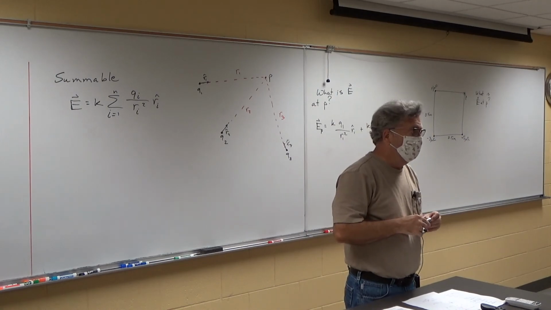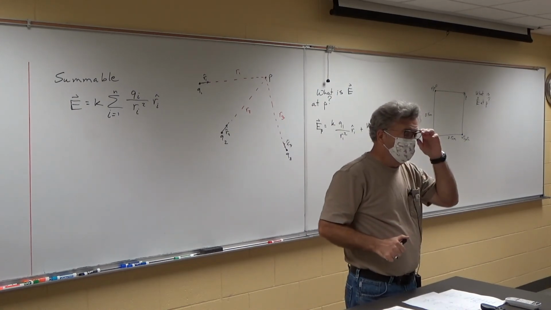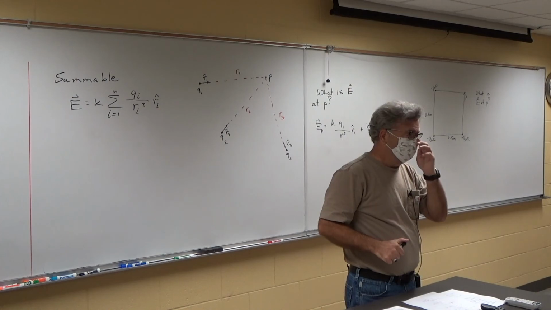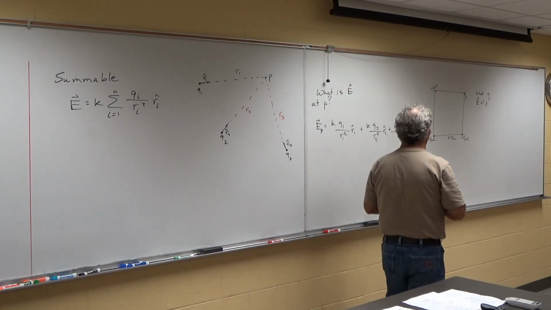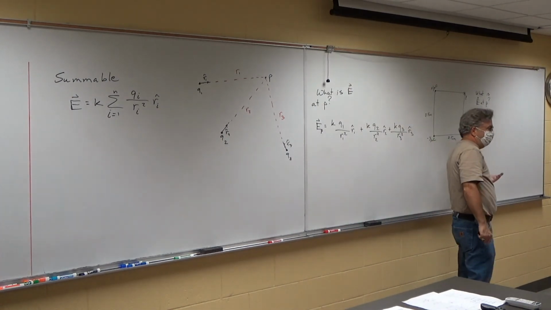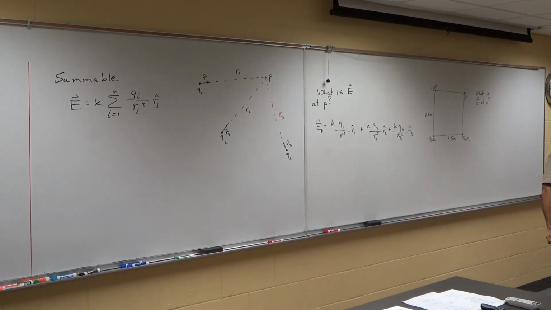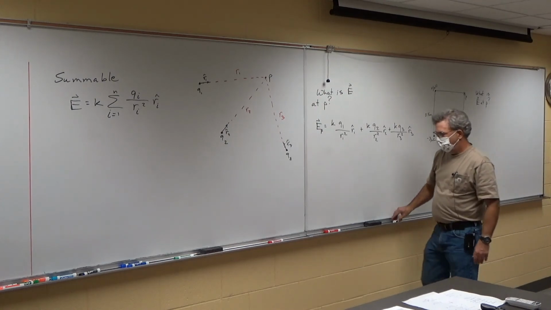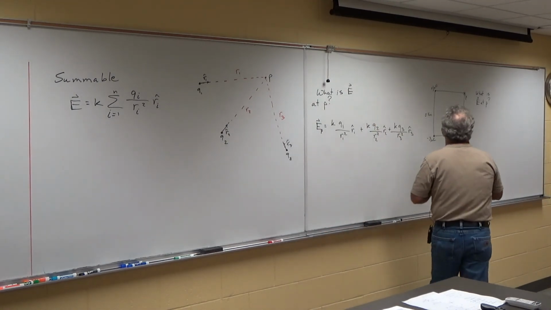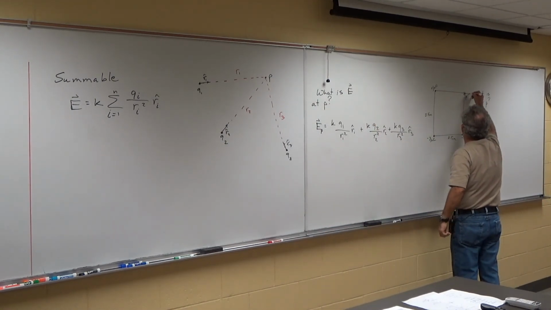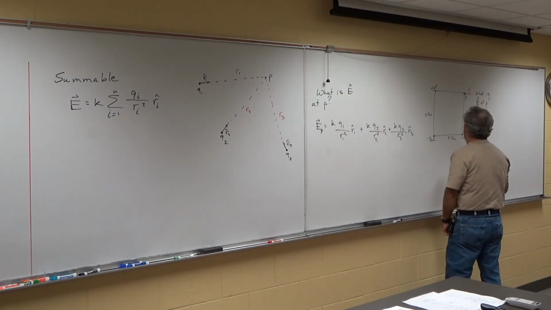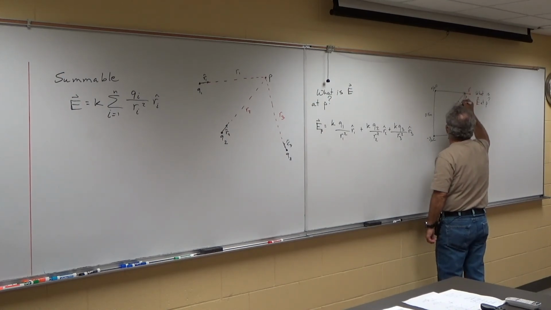First thing I'm going to do, though, since I've got the picture drawn, is draw in the electric field vectors. I know that for positive charges, the electric field points away from the positive charge, and for negative charges, the electric field points toward the charge. So this would be E1, not to scale necessarily. This would be E3.